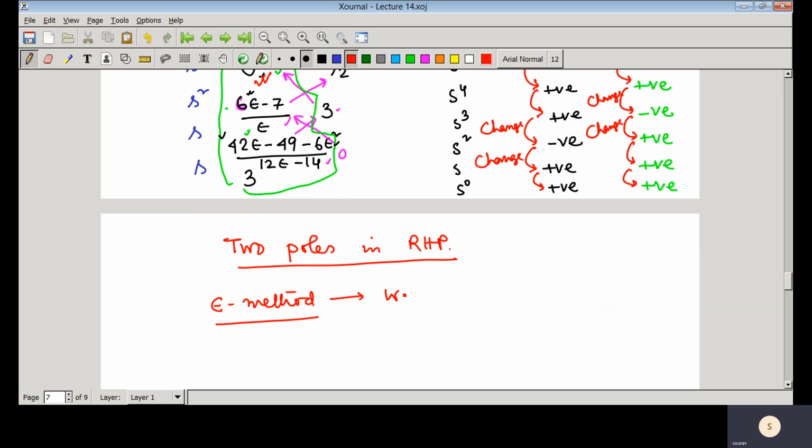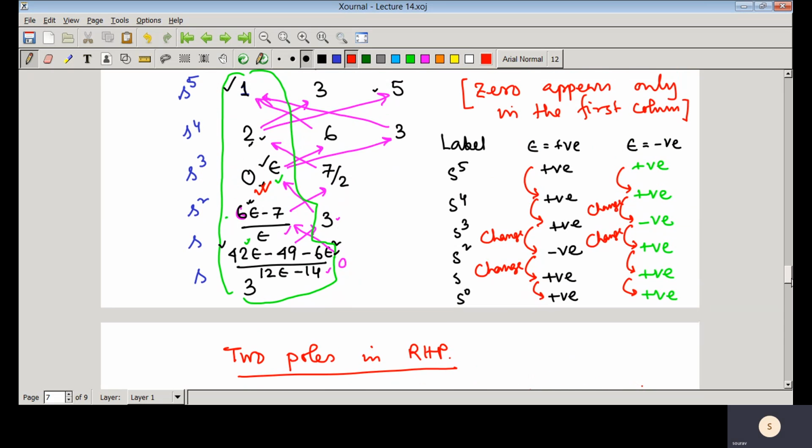So when the element in the first column becomes 0, in that case we need to replace that element by a small number epsilon, and then we need to follow the same method for building up the Routh table.